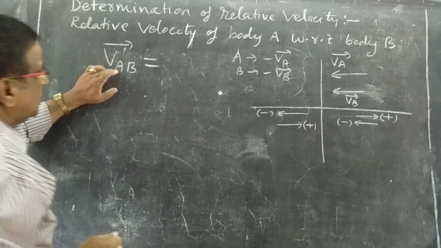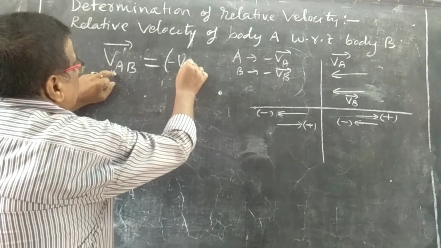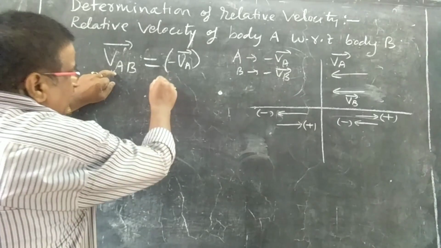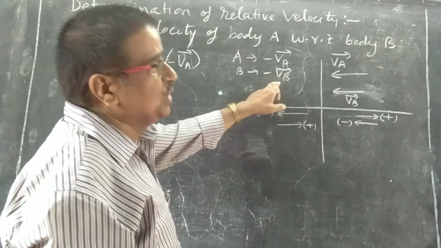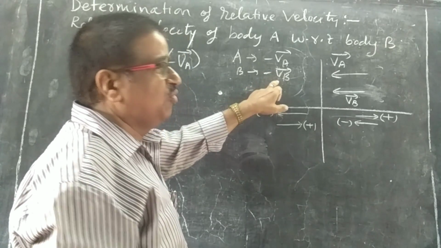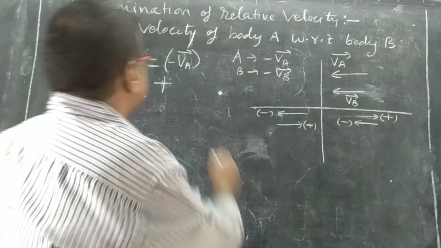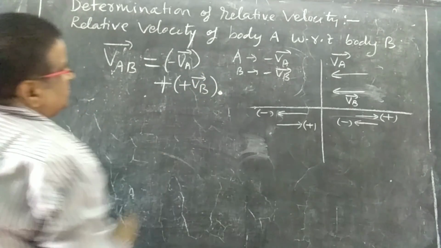So we are going to calculate the relative velocity of A. We will put here the value of the velocity of A as it is, this one. Then plus, we have to make this 0. For making it 0, we will add the opposite value. That means plus VB will be added here.